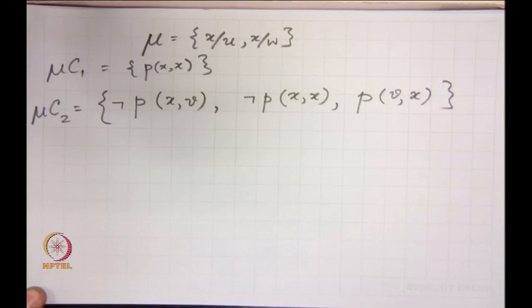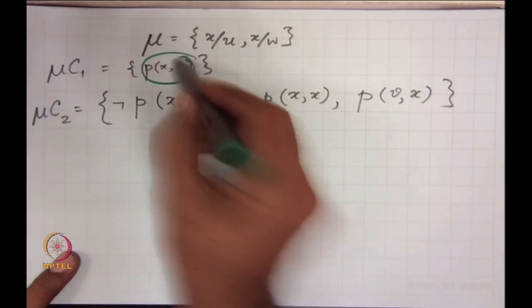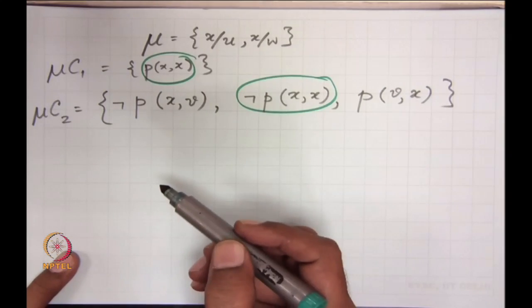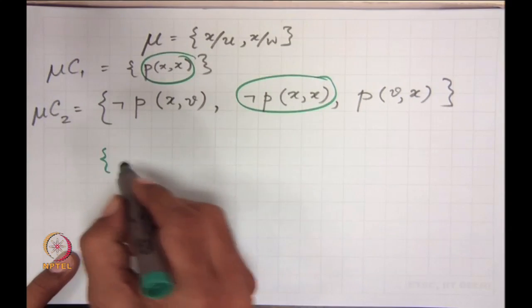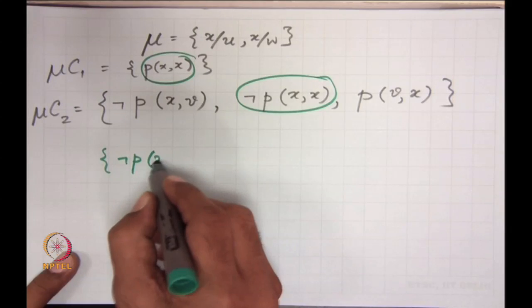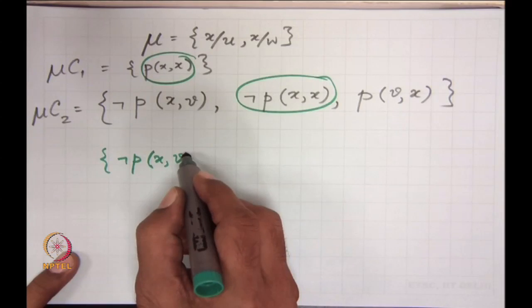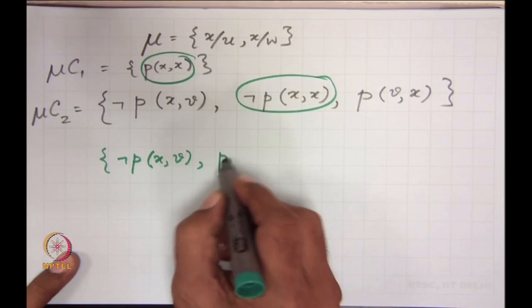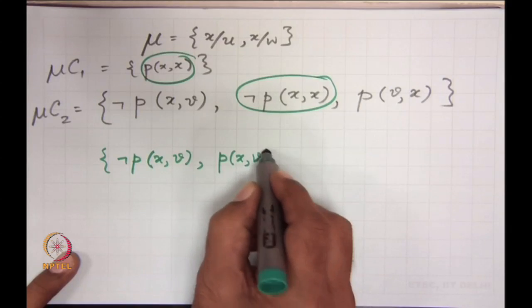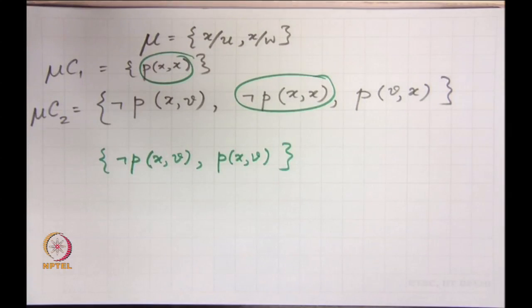And the result of resolving would have essentially gotten rid of these two and would have given me not p x v p v x, and actually this would be the most general.